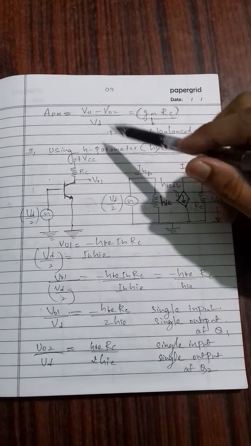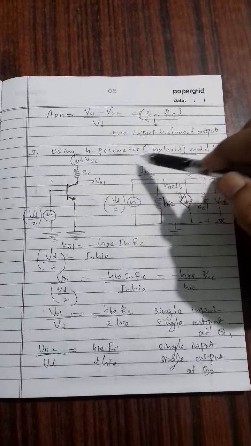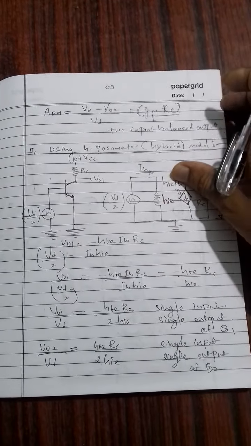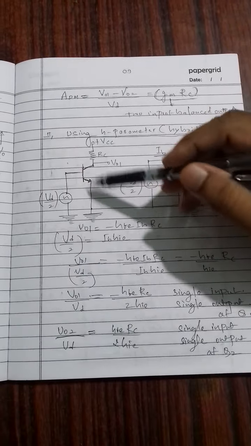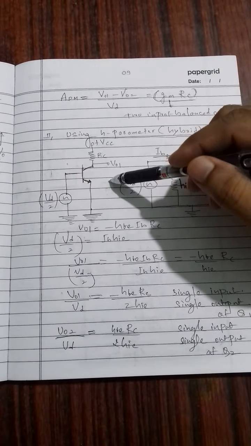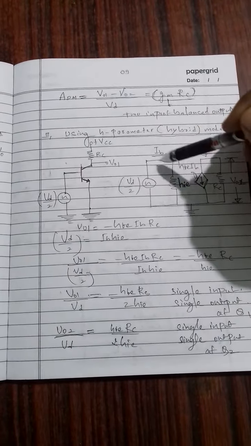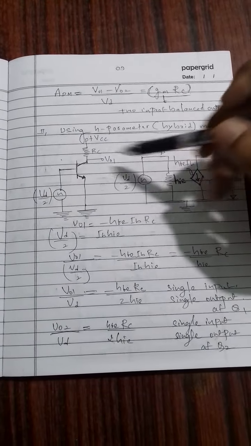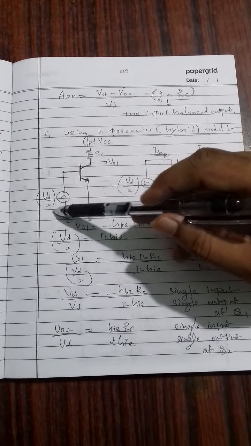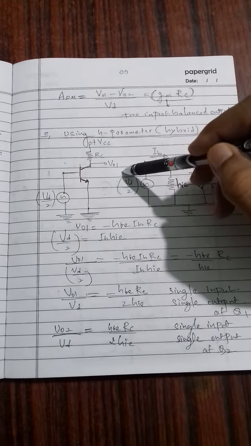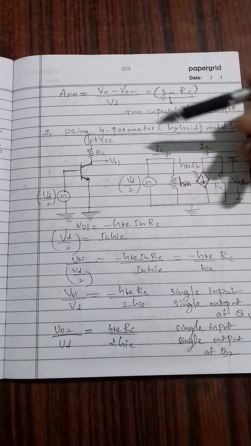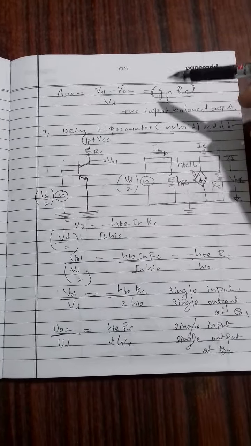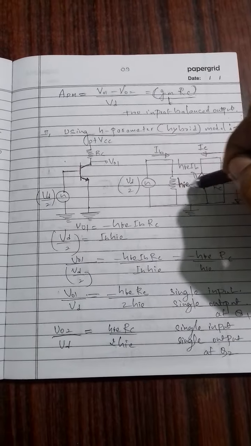Here is the same differential mode gain using H parameters. Instead of the hybrid pi model, if you draw the H parameter model of the transistors, with Vd upon 2, Rc and Vcc, a hybrid model is drawn for the transistors.